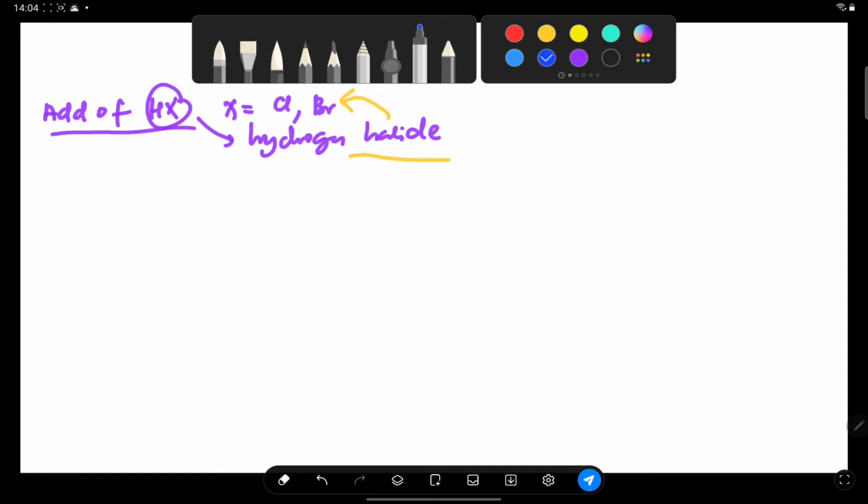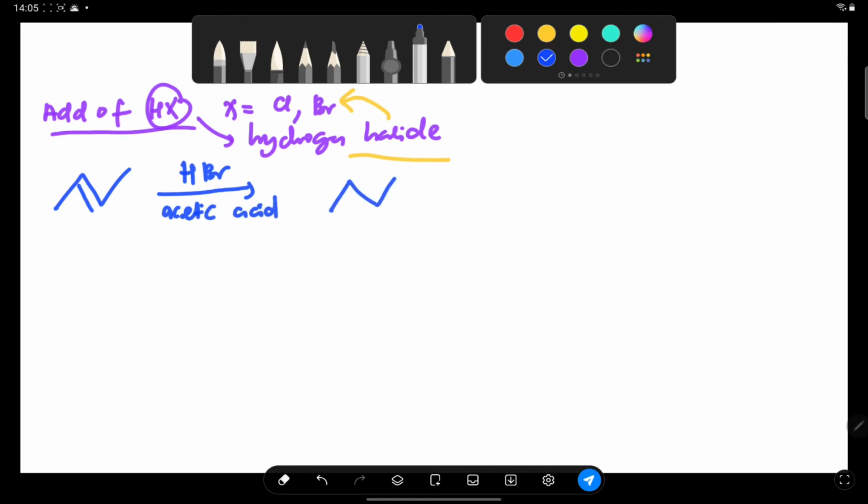The reaction involved, for example, you have butene here, 1, 2, 3, 4, with HBr in the presence of acetic acid.